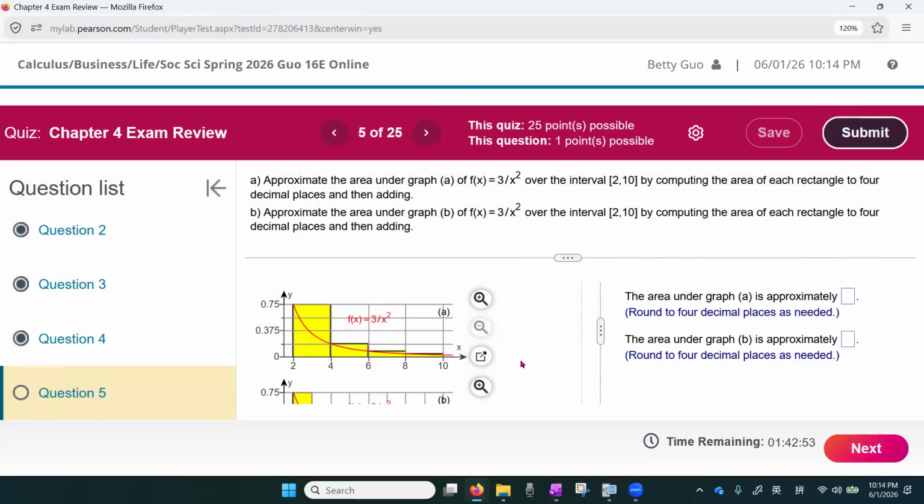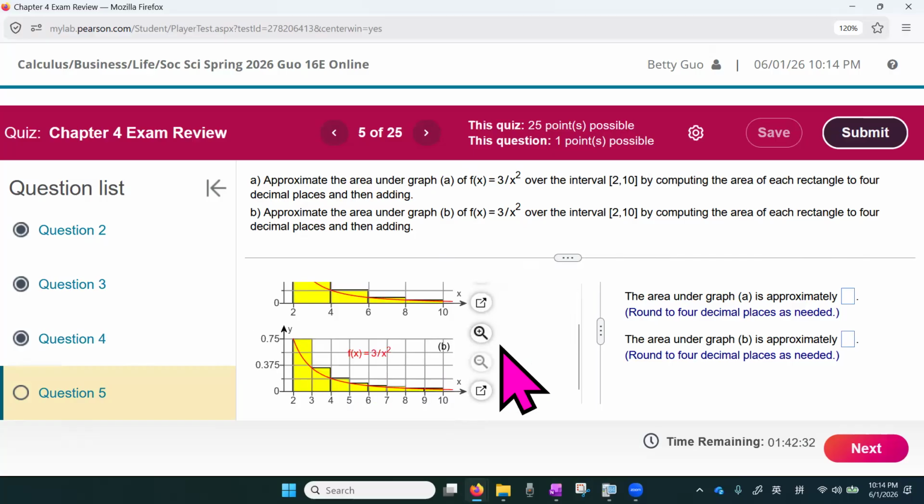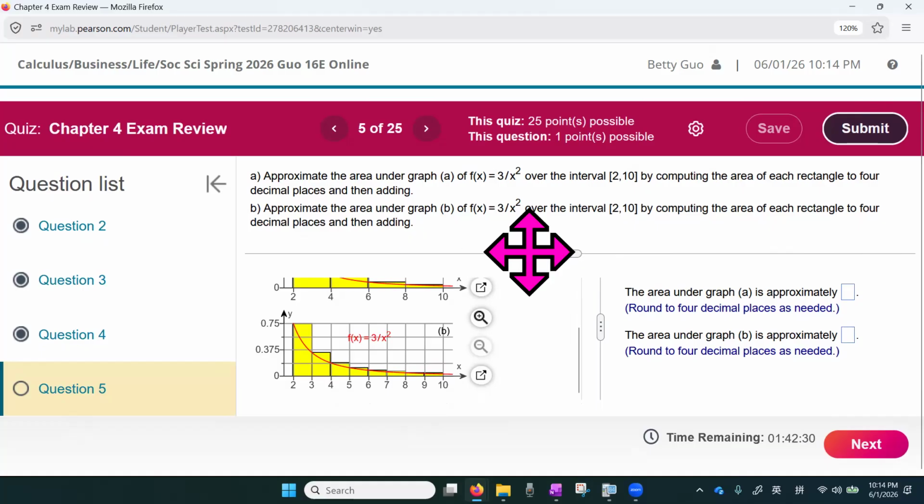There are 2 parts. Part A, approximate the area under the graph of f of x over the interval 2 to 10 by computing the area of each rectangle to 4 decimal places and then adding. Part B is the same function from 2 to 10.